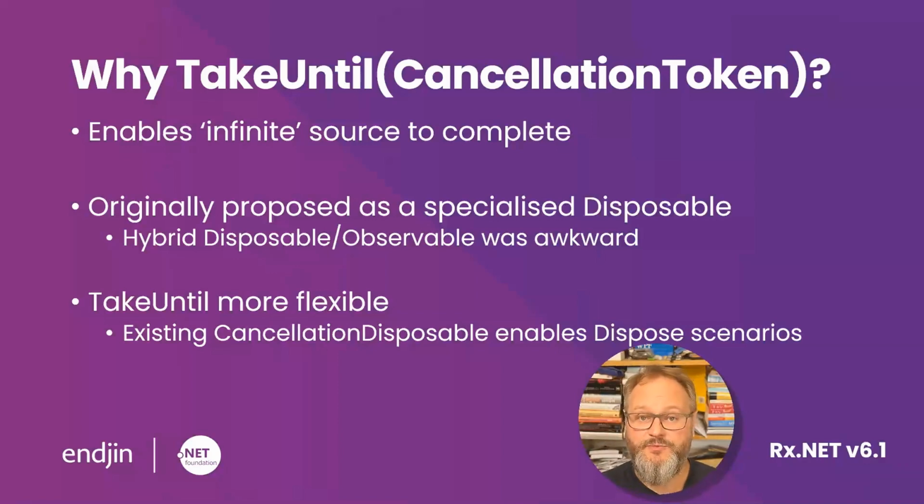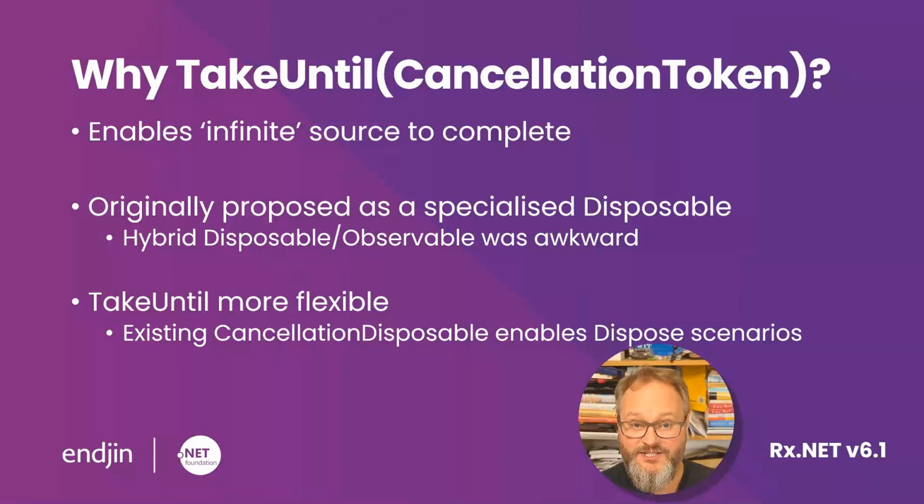The original design was going to be a specialized disposable implementation, but when we looked at that, it was kind of awkward. We didn't really have any other things that were both disposables and observables, and it wasn't clear how you would implement something that was both in a way that fit in well with the existing examples of those kinds of types in Rx.NET.